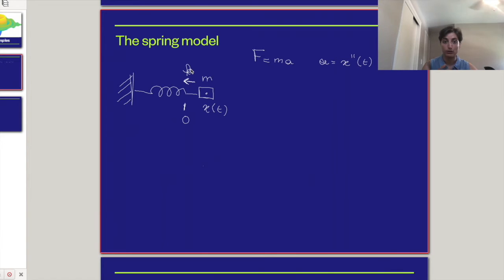The closer you are, the weaker it is, and it's linear. So this force is kx. The further you are away, the stronger it's pushing you back. But this is just the magnitude of it. What is the sign? Well, if x is to the right, kx is pushing to the left. So we also have to remember that there is a negative sign in here. So the force applied by the spring is really minus kx.